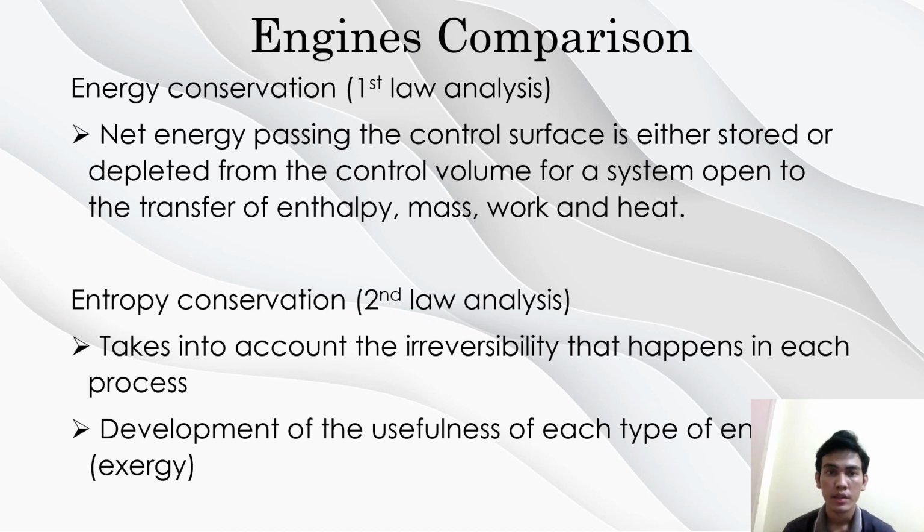And finally, the energy conservation, which is the net energy passing the control surface, is either stored or depleted from the control volume for a system open to the transfer of enthalpy, mass, work, and heat. Secondly, the entropy conservation, which takes into account the irreversibility that happens in each process, and the development of usefulness of each type of energy, which is known as exergy.